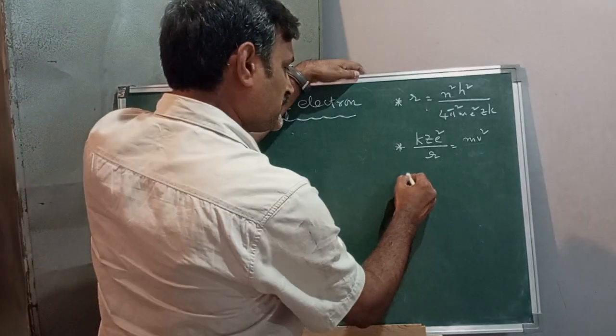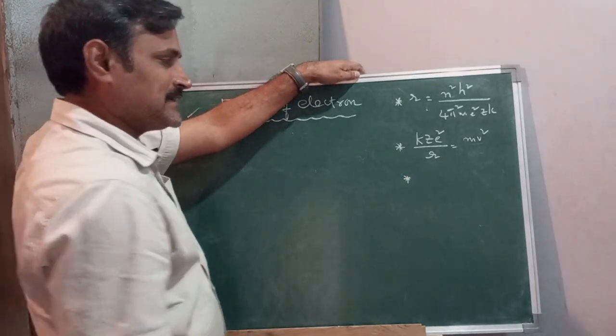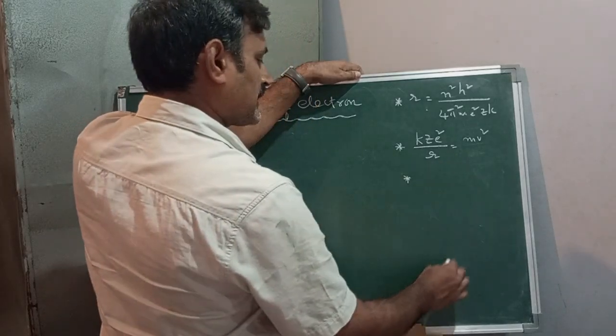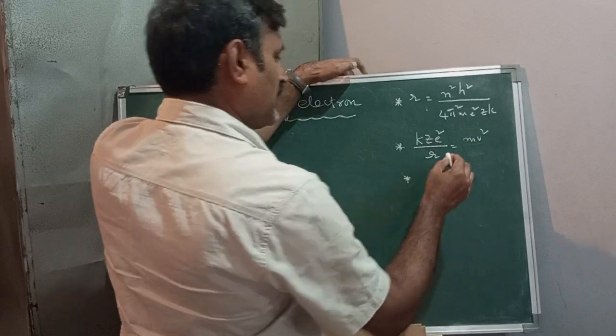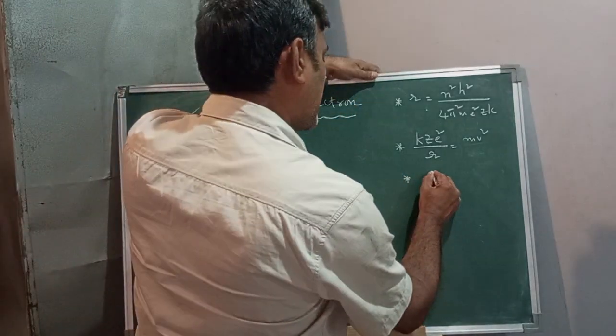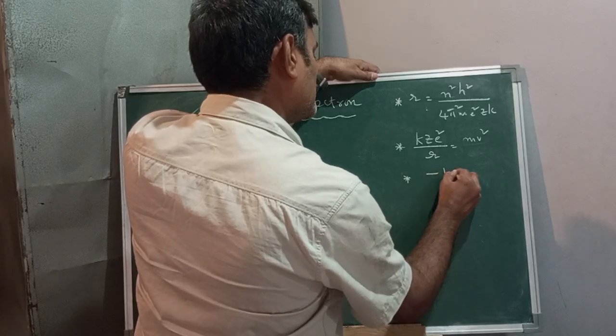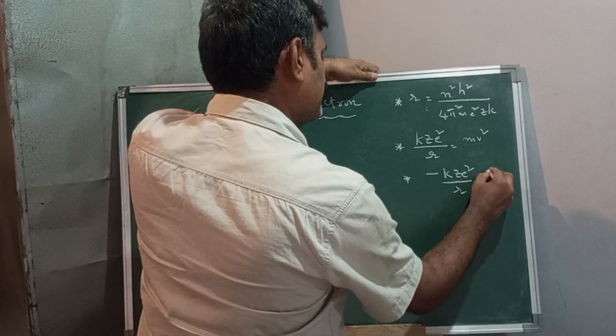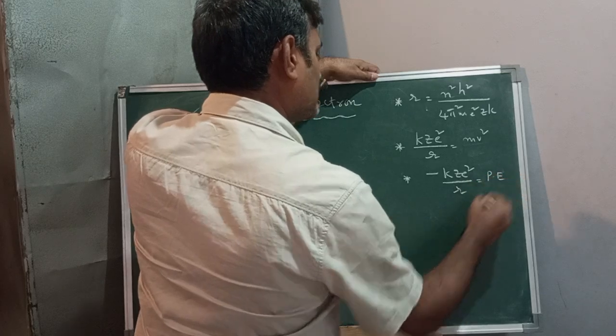Another point to be remembered: there is a potential energy when the electron and the nucleus are separated by distance r, that is minus k into z e square by r, considered as the potential energy of the electron.